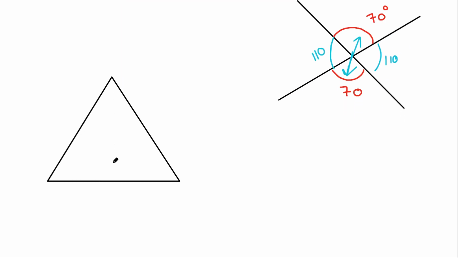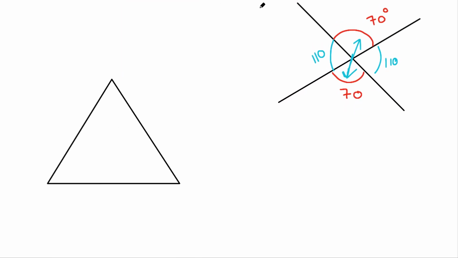The next shape I'm going to look at then is this triangle. And if you have a triangle, you should hopefully remember from primary school that this yellow angle and this blue angle over here and this green angle down here, that all of those angles are equal to 180 degrees.